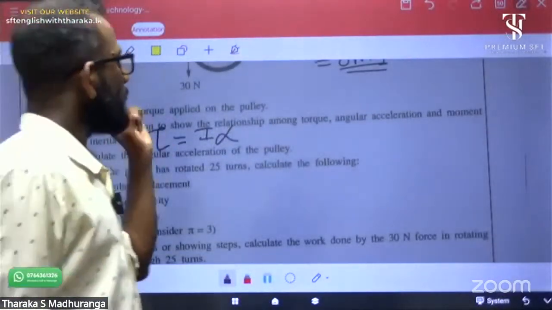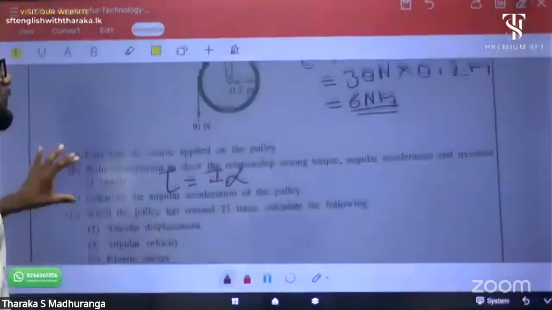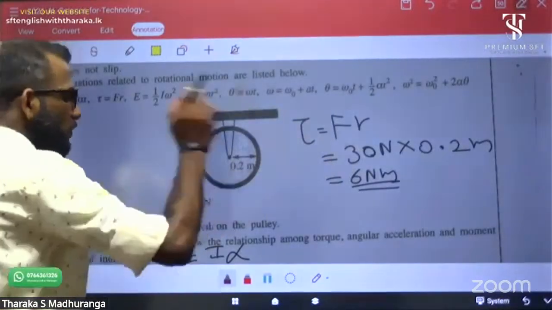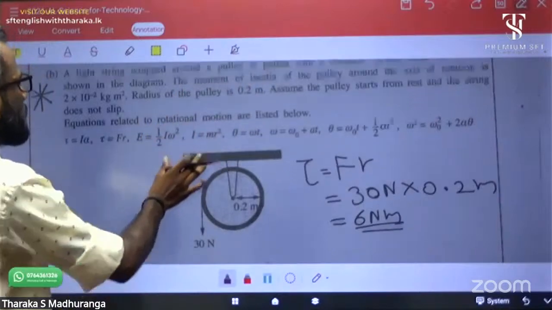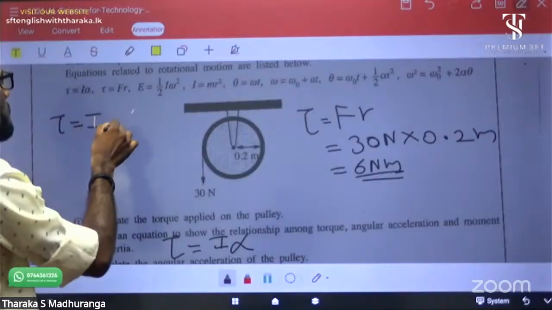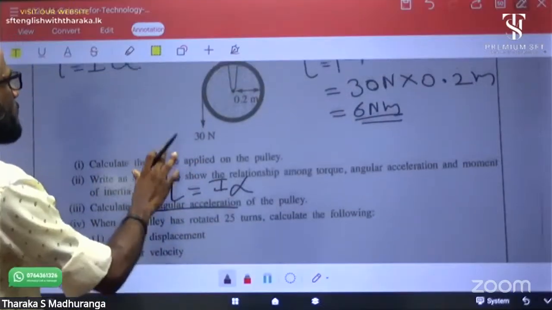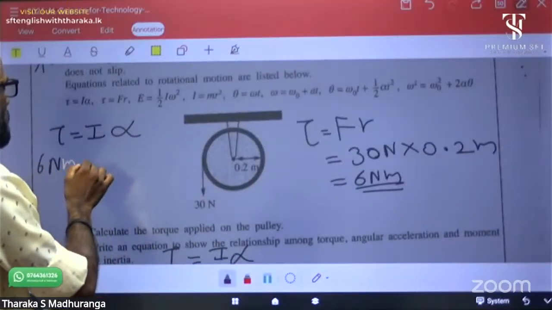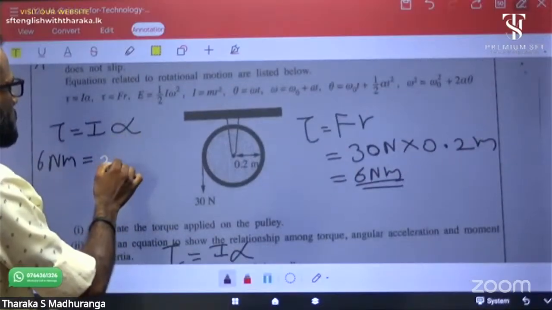Calculate the angular acceleration of the pulley. Now, torque is already found and the moment of inertia is given. Torque equals I alpha, and angular acceleration alpha is what is asked. The torque equals 6 Newton meter, I is 2 into 10 to the power minus 2.